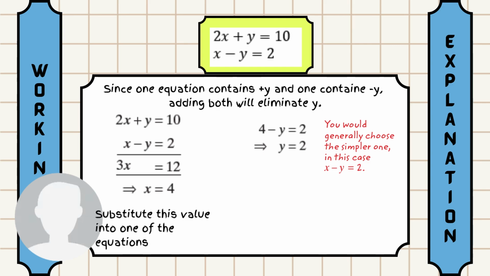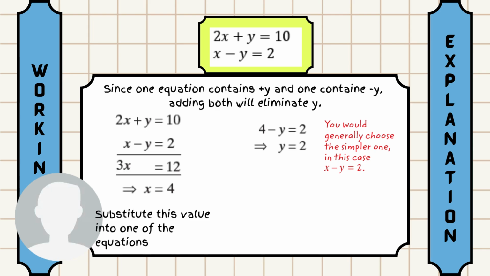Once we get x equals 4, then we need to find the value of y. So in order to find y, we need to substitute x equals 4 into one of the equations above. If you prefer to substitute it into the first equation, you may do so. But here, I chose to substitute it into the second equation because it is much simpler.